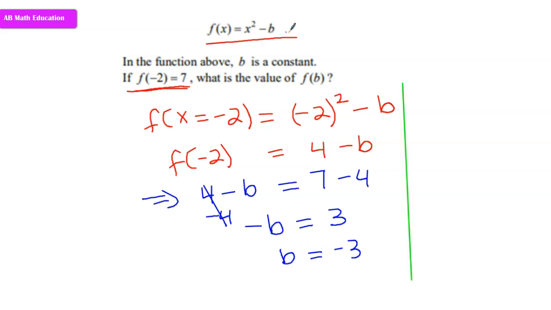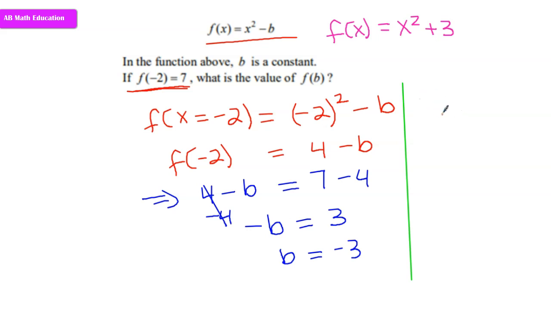So now we know the value of b, so f of x is equal to x squared plus 3. That's the function right now.